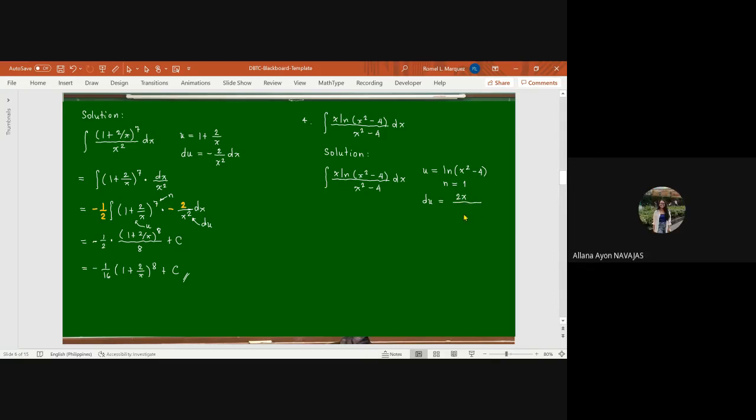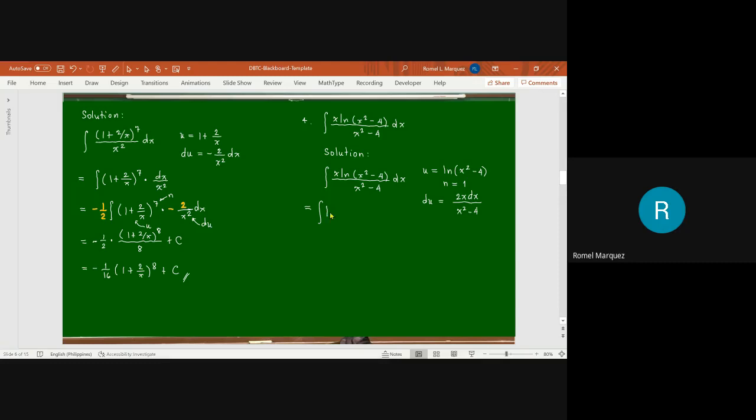So let's now rewrite the given integral. The given integral can be rewritten in the form of u, this is our u, ln of x squared minus 4, and then the potential du, x dx, all over x squared minus 4, the remaining quantity inside, okay?